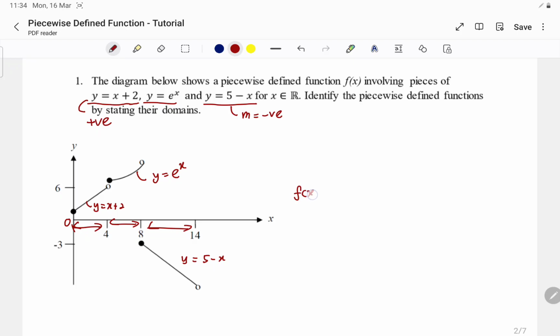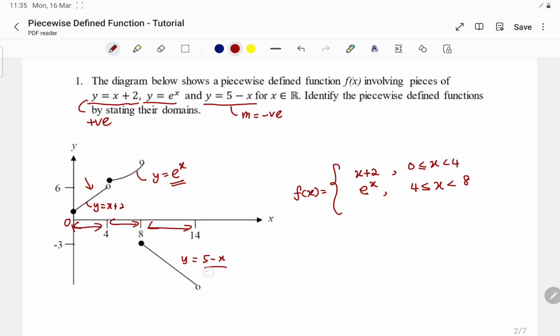So you put f(x) and then a curly bracket. For the first one, x + 2, you remove y, so you just put x + 2, then here you put 0 < x < 4. The second one, from 4 until 8, is e^x, and you put 4 ≤ x < 8.